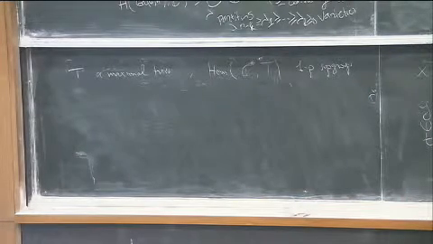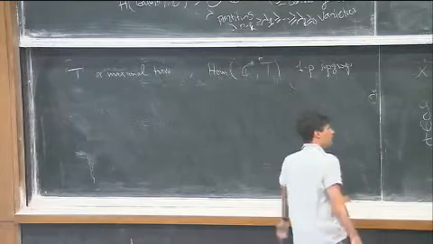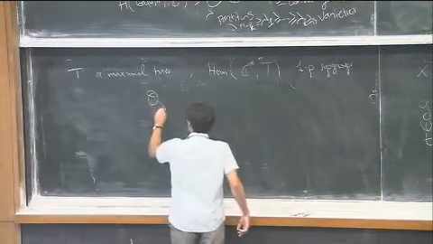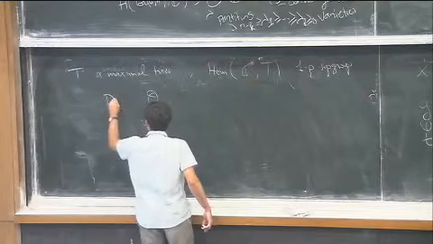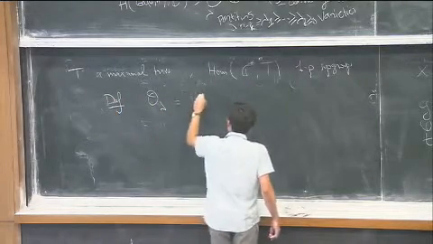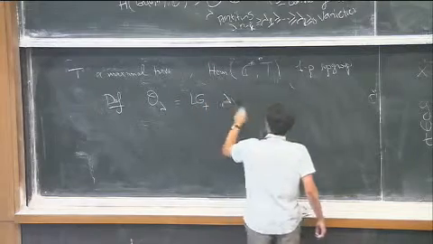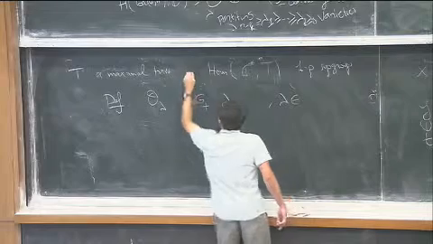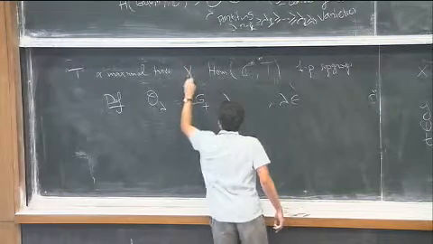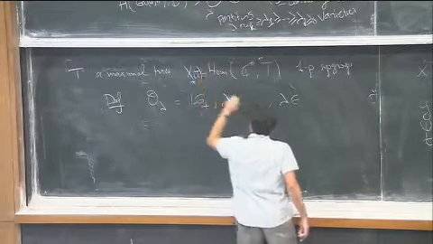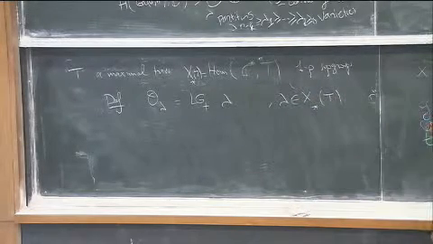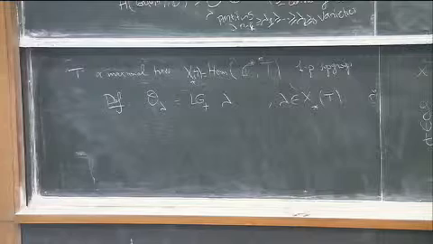And then you look at the orbits. The definition is you take the orbits of the points lambda, so this is the traditional notation, and you look at the orbit.